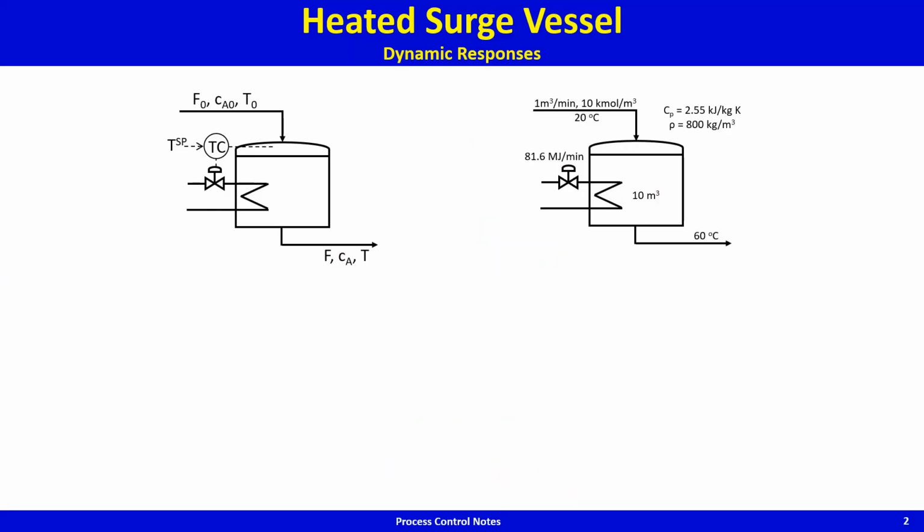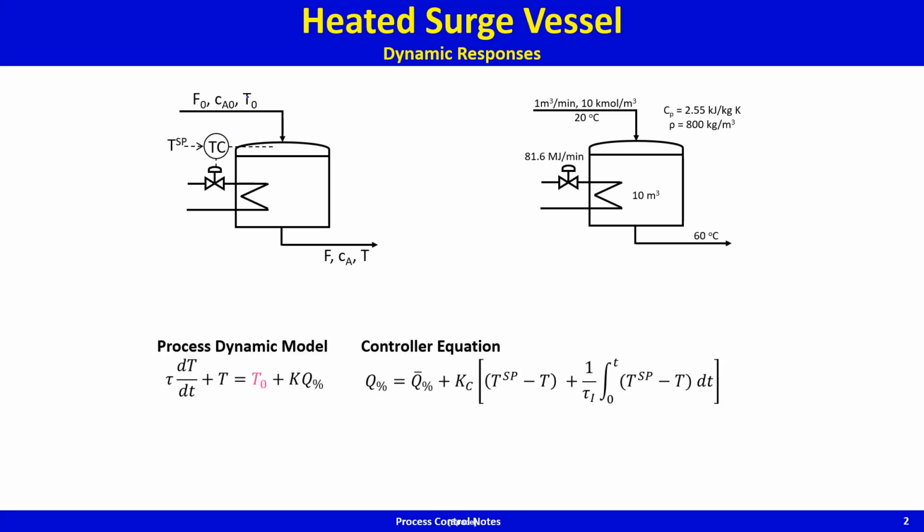So here's our system to repeat. These are our base case conditions, and we are trying to control the temperature by using a PI controller that manipulates the heating duty to the tank. The process dynamic model is as shown there.